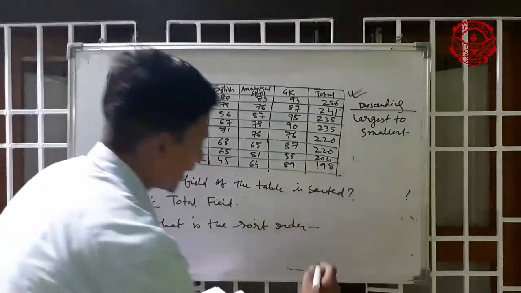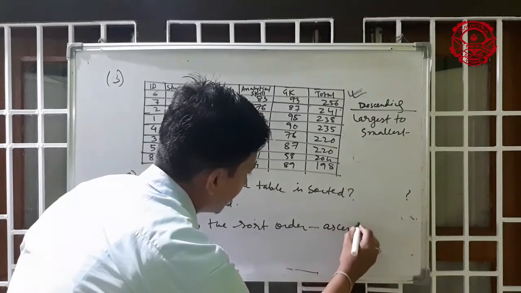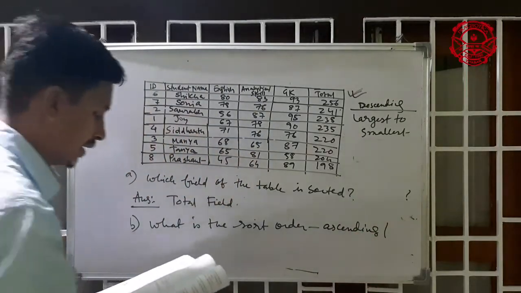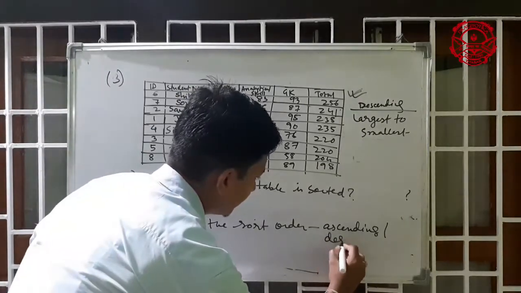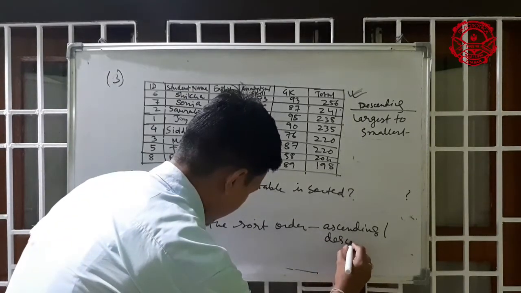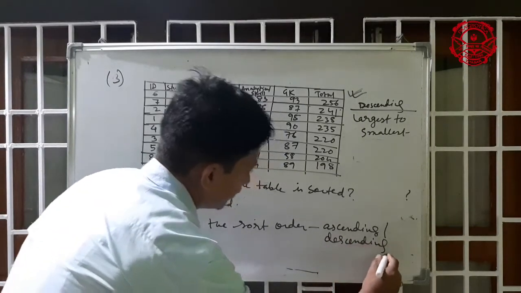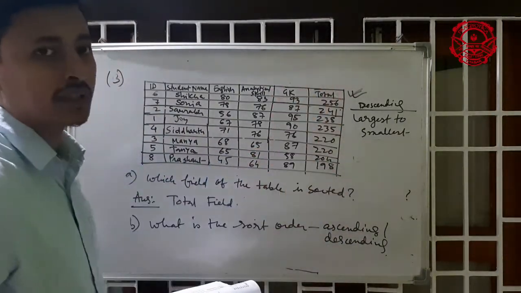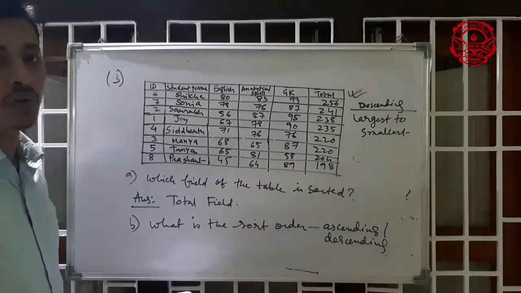It may be ascending or descending. The answer is descending order, because the highest value comes first, then the lowest value is below.